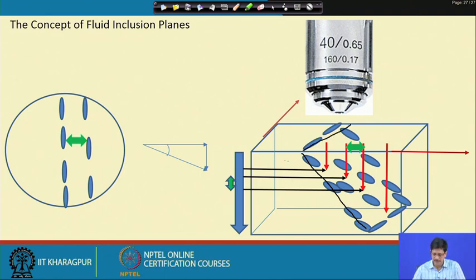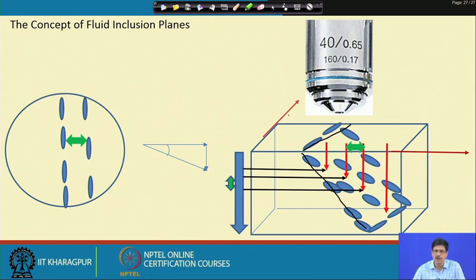And now, when we are seeing them under the microscope, it is possible not only to identify or ascertain the arrangement of this particular array of inclusions arranged in a particular plane. Let us say that there is one plane that constitutes one fluid inclusion plane.